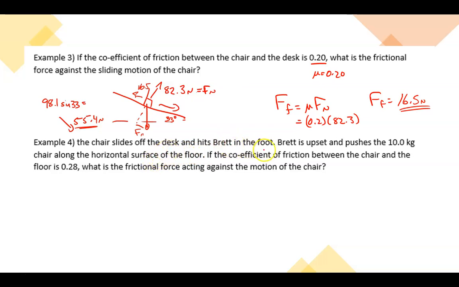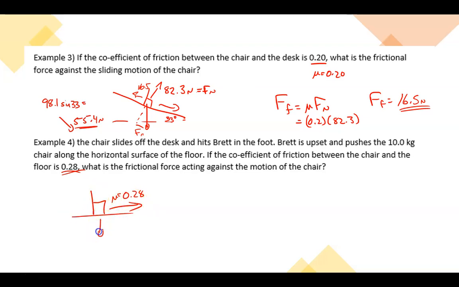It hit Brett on the foot. Brett is upset, and he pushes this along the horizontal surface with a coefficient of friction of 0.28. Because the surfaces have changed, the coefficient has changed.